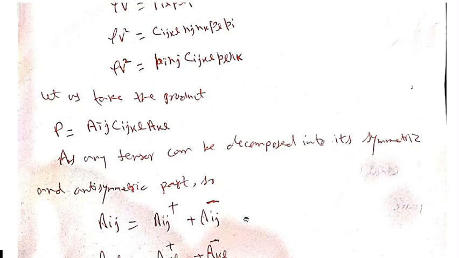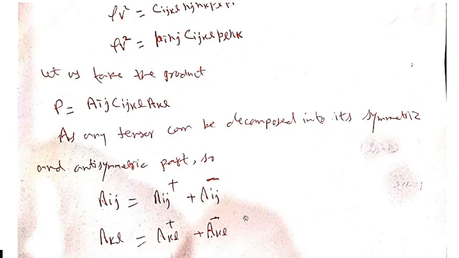In this way we can decompose any tensor. The symmetric part is equal to aij plus aji divided by 2, and the antisymmetric part is equal to aij minus aji divided by 2, if you remember. Similarly, we can write this. This is the symmetric part and this is the antisymmetric part.